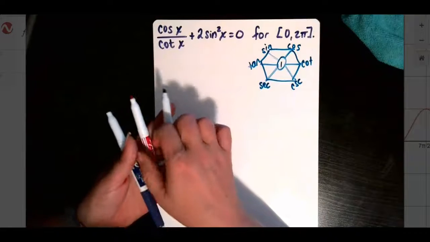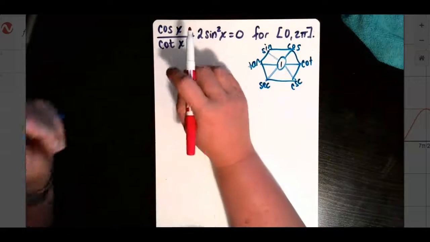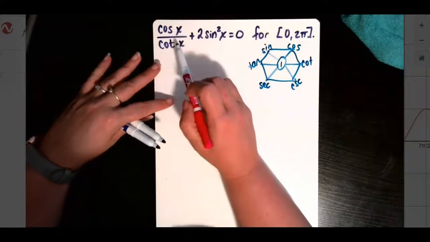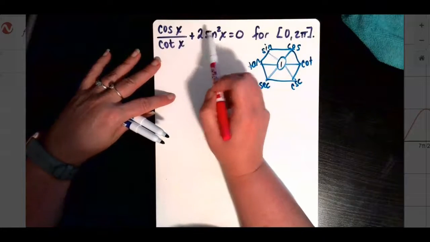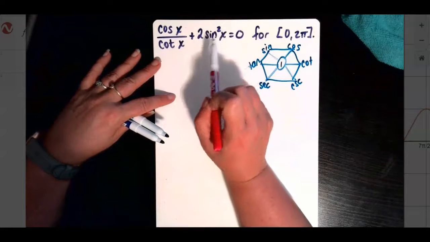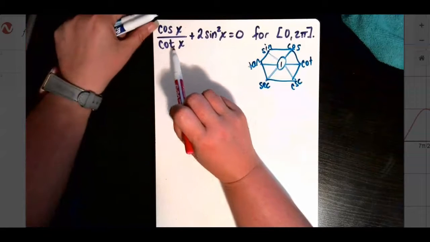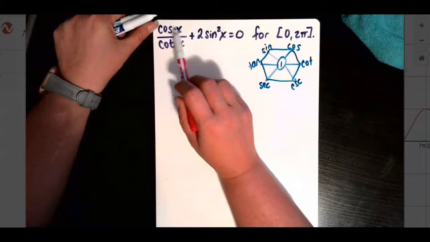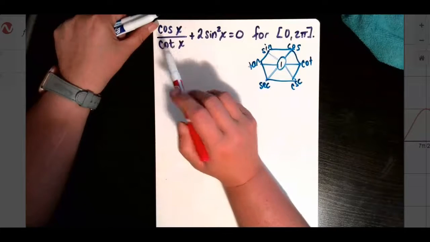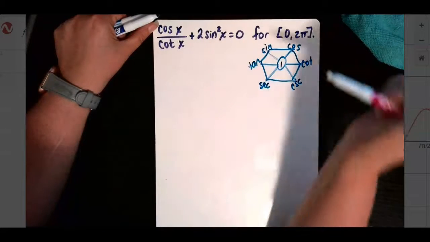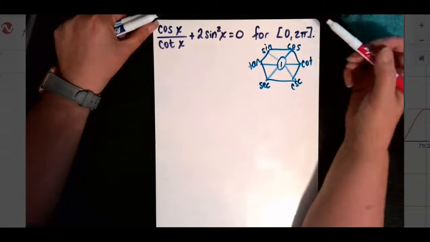So first thing we want to do when we have three different trig functions in the same equation is try to get it all in terms of the same trig function. So let's tackle this quotient that we see at the beginning and see if that's a quotient identity from our trig identity hexagon.